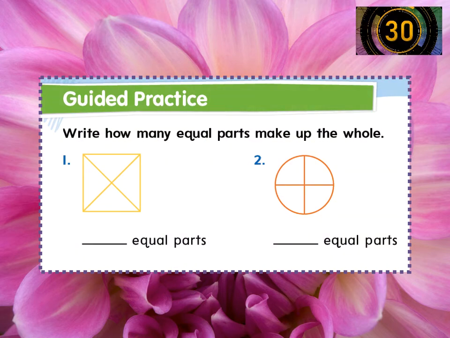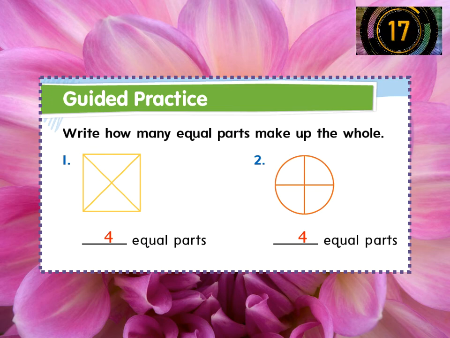Okay, kids, try this out. You'll be given time to finish it. How many equal parts make up the whole? The time starts now. For number 1. That is correct. There are 4 equal parts. How about number 2? That is right also.